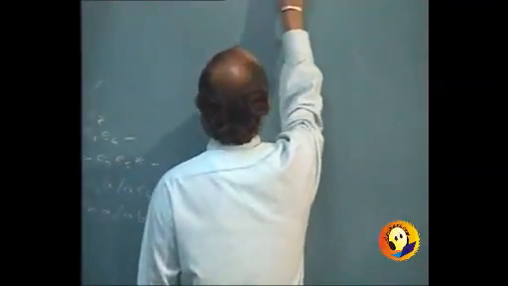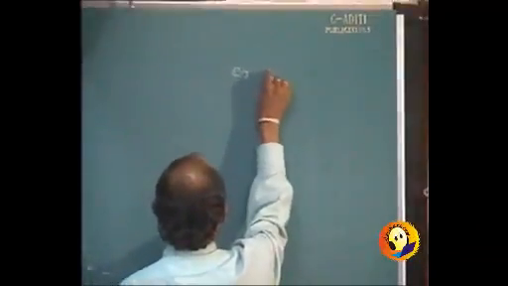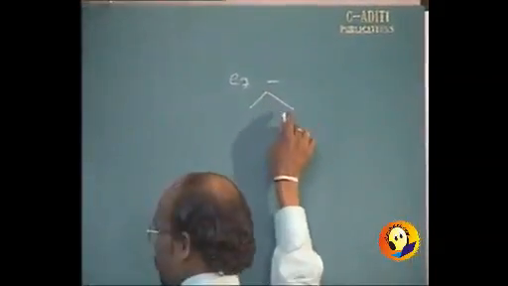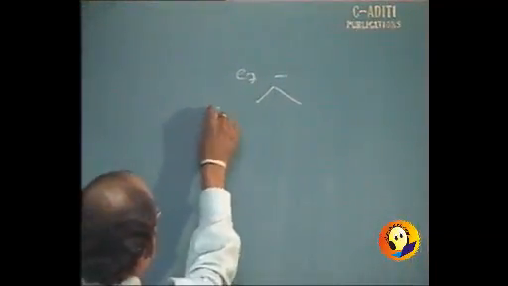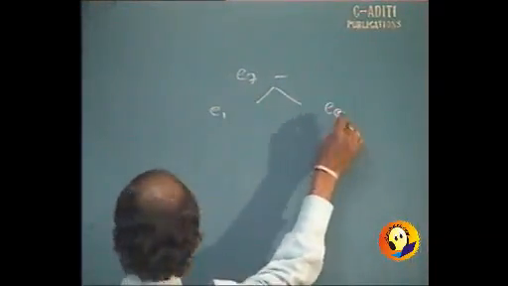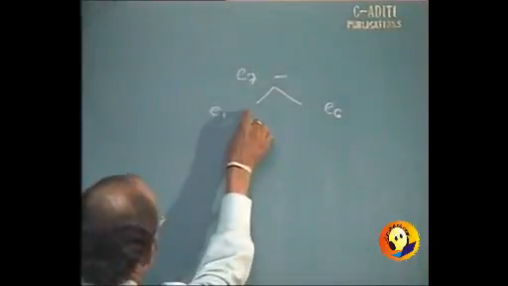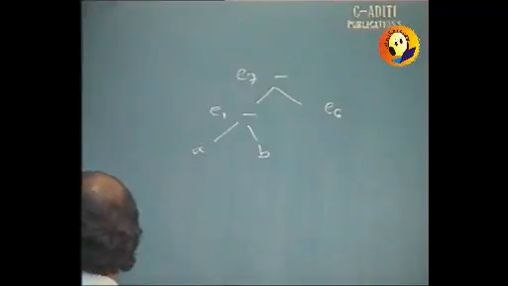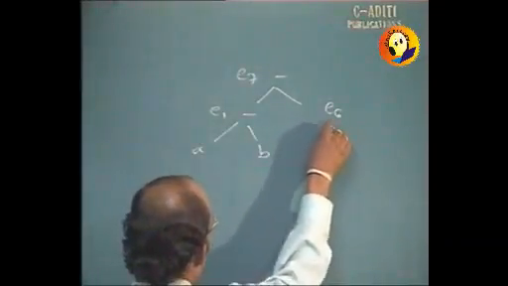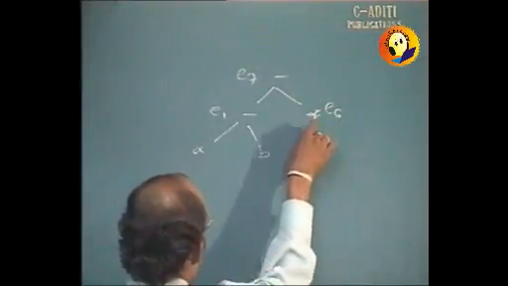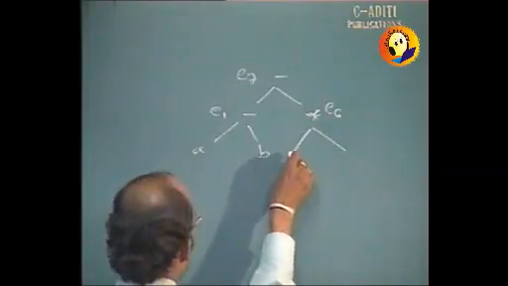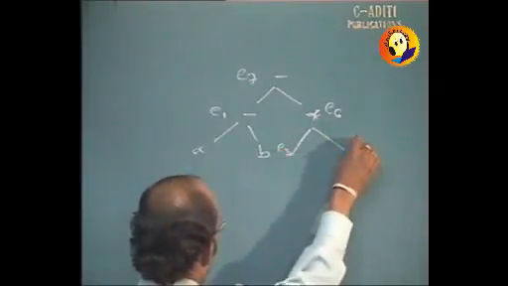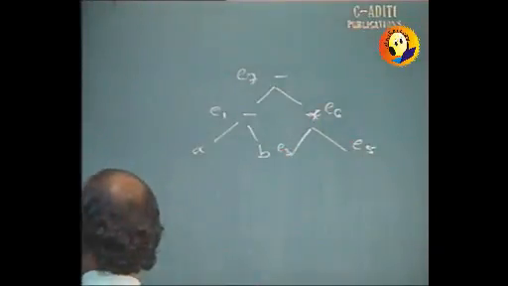And of course this can also be expressed in the form of a tree. The final answer E7 is subtraction of E1 and E6, where E1 is again subtraction of A and B, whereas E6 is the product of E3 and E5.